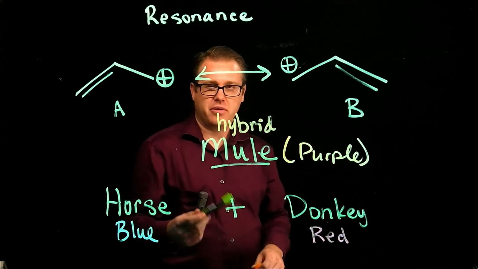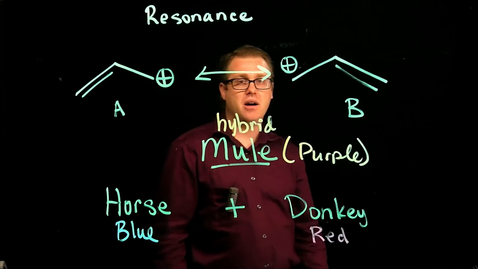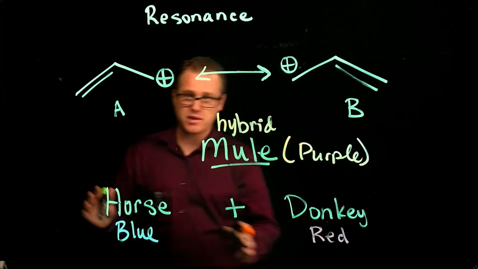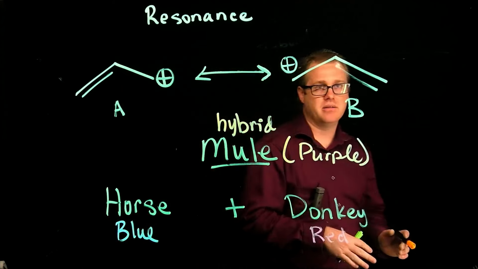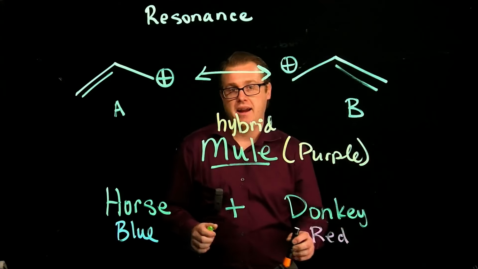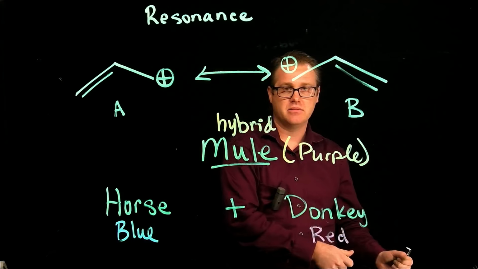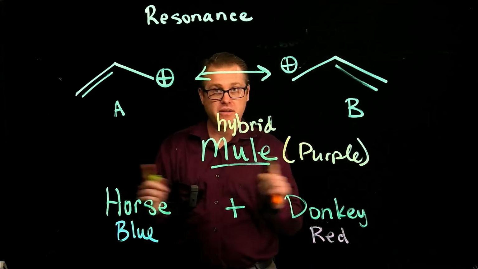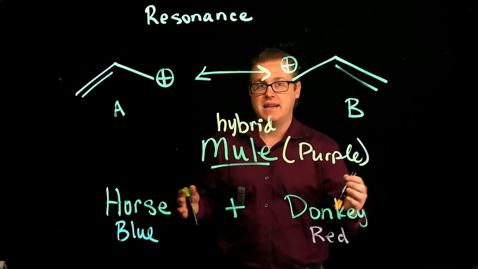So let me ask you this. Does this mule all of a sudden one day say, I'm a horse? And then the next day it says, I'm a donkey? Or does it say, I'm a horse one second and a donkey another second? Does it go back and forth? No, it can't go back and forth because it is a mule.